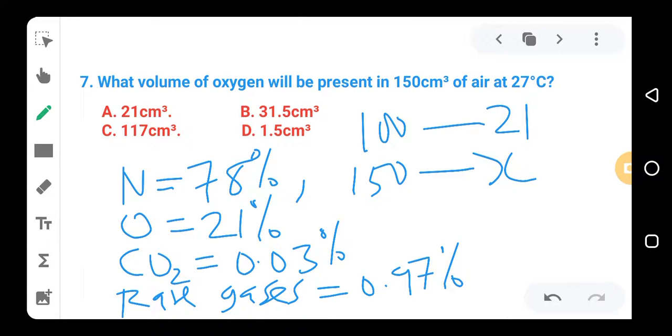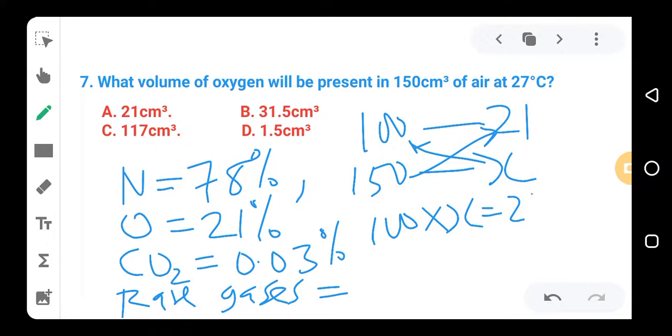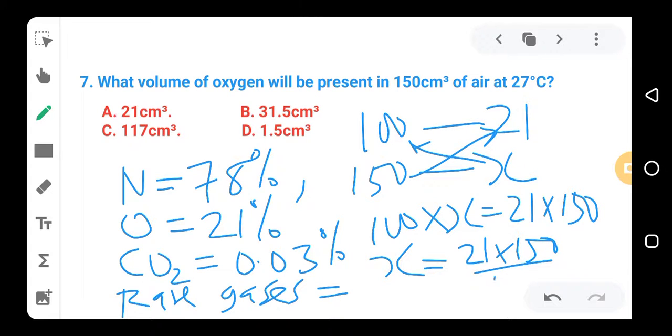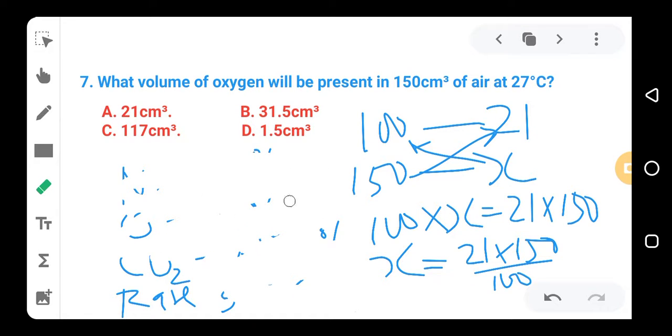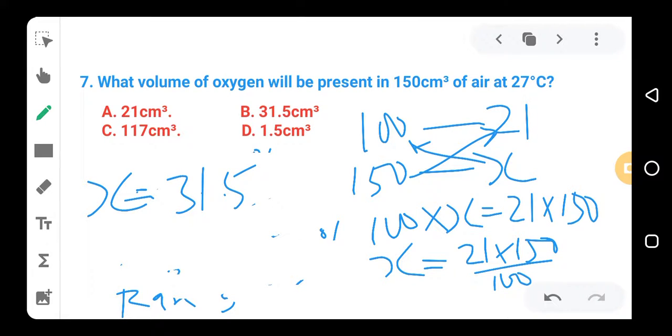Again we do cross multiplication. Take this to this, take this to this, then we have that 100 times x is equal to 21 times 150, and we have that x is equal to 21 times 150 over 100, and that will give us that x is equal to 31.5 cm cube.